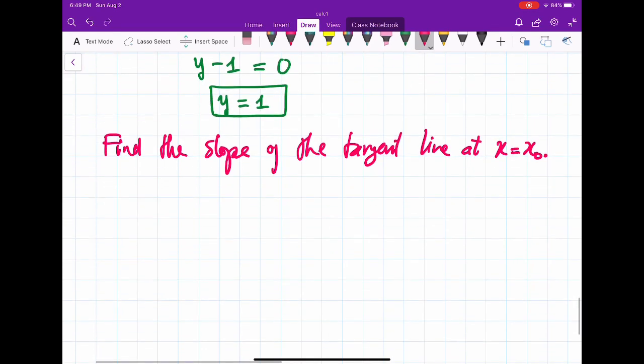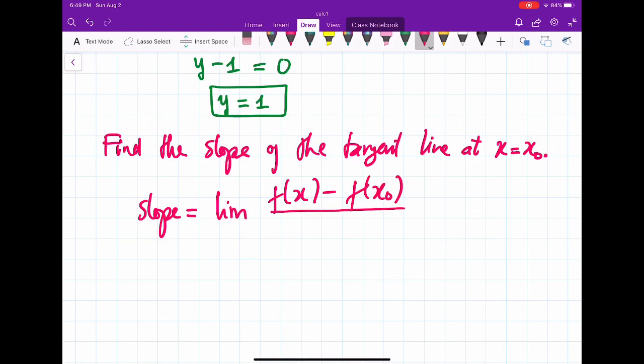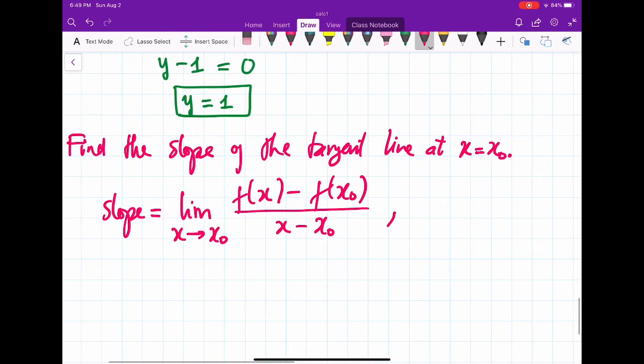And again, I know the slope is equal to the limit of f of x minus f of x0 divided by x minus x0 when x approaches x0. You see? We just need to use the definition, right? And what is f of x? That is x squared plus 1, because that is the equation of our function, right?